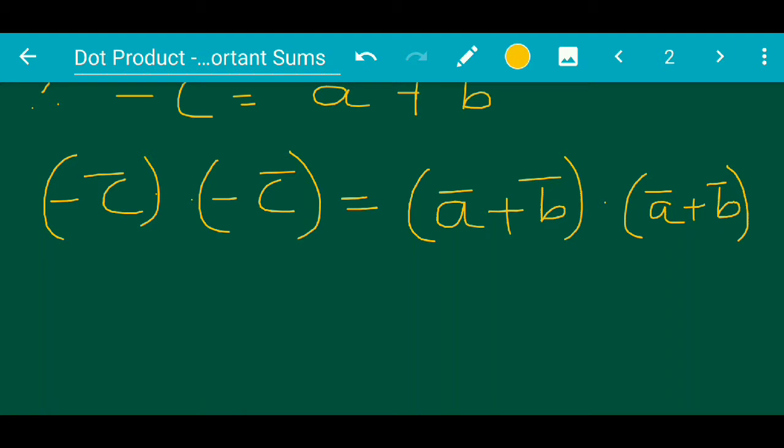Okay, now minus into minus on the LHS becomes plus. So therefore we get C dot C. Now in the previous lecture we have learned that C dot C can also be written as mod C square.